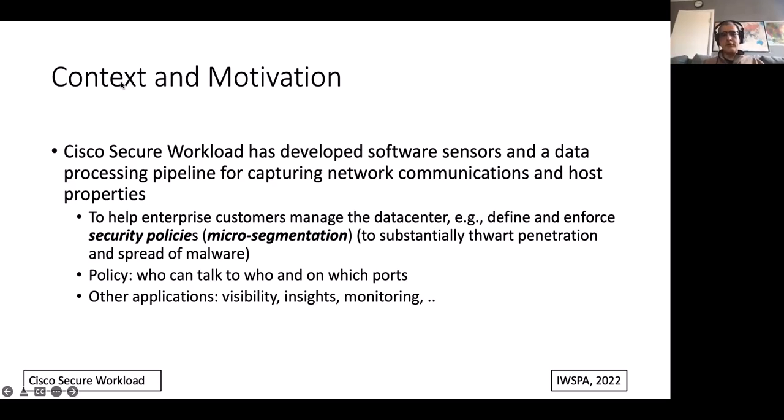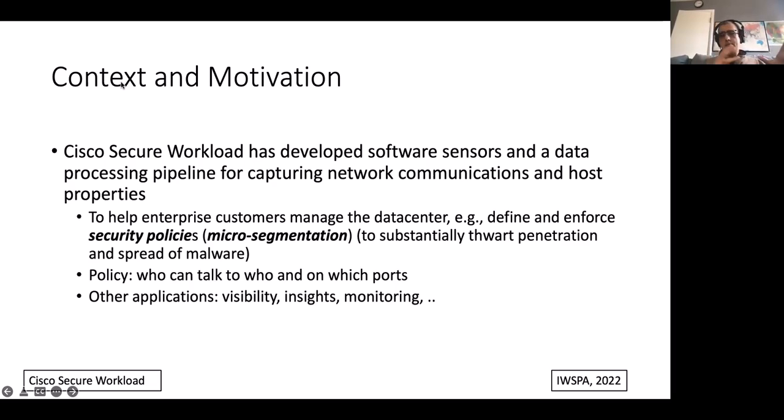I'm a part of Cisco Secure Workload, formerly Cisco Tetration, and the team develops software sensors and pipelines. These software sensors go to the hosts of a data center and report network communications among the hosts, and possibly other things such as the processes running and metadata.